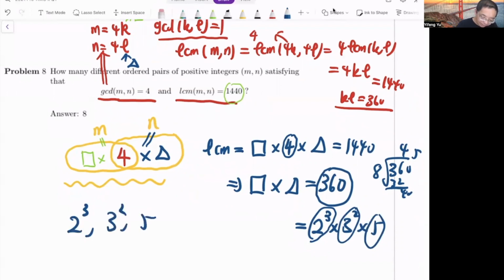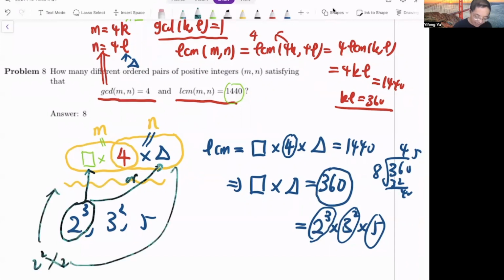The thing we want is to look at this: 2 to the 3rd, we can only either have this whole thing go to one number, or to the other. We cannot split it. We cannot say 2 squared goes to that and 2 goes to this.